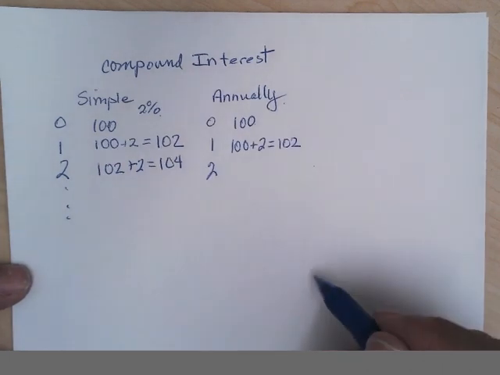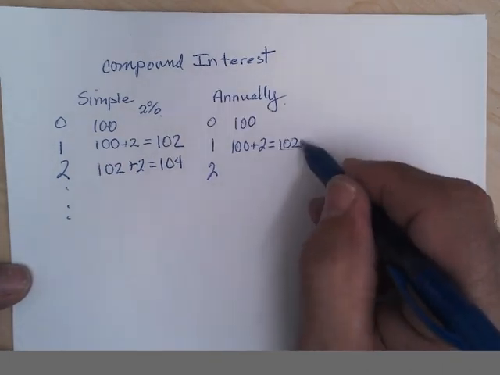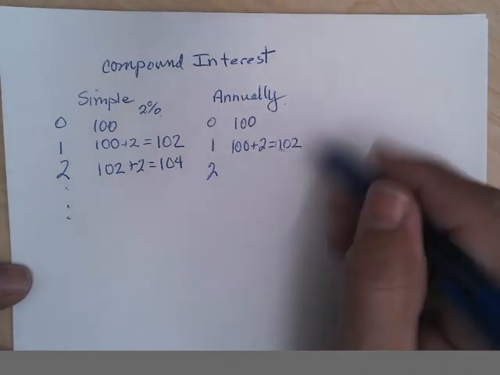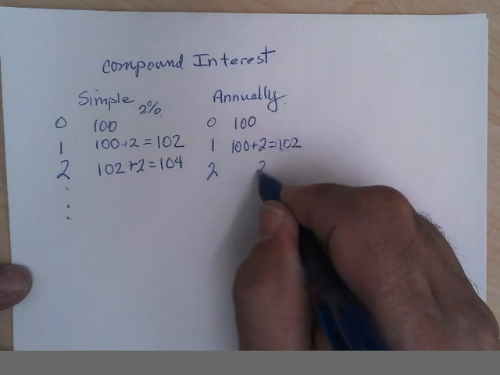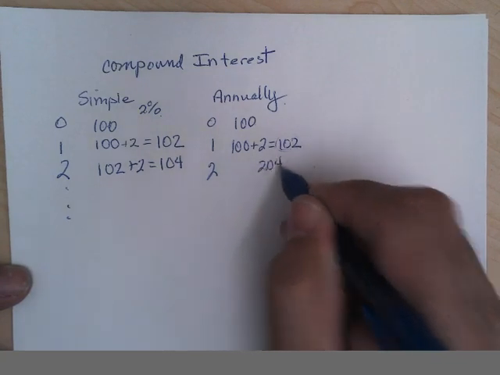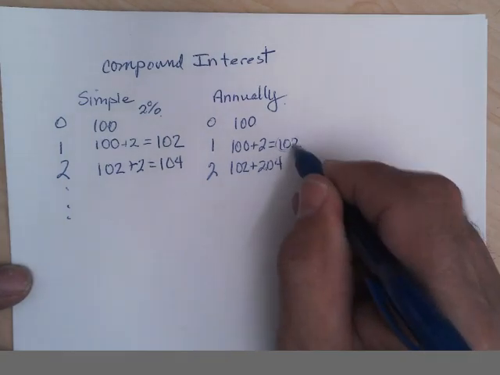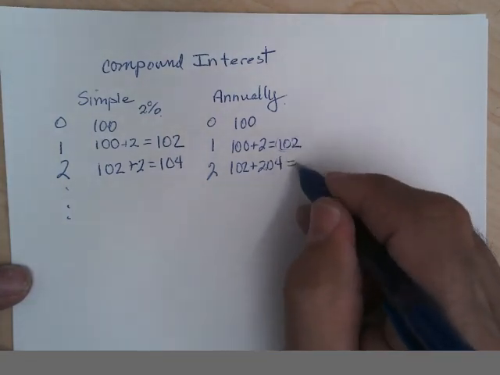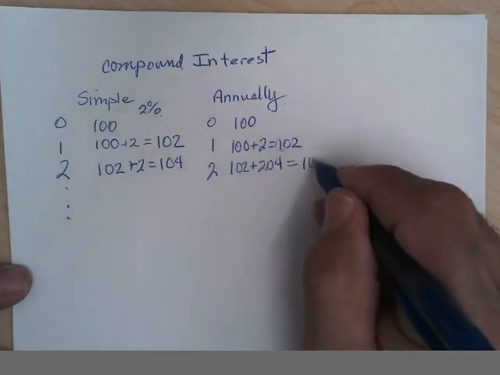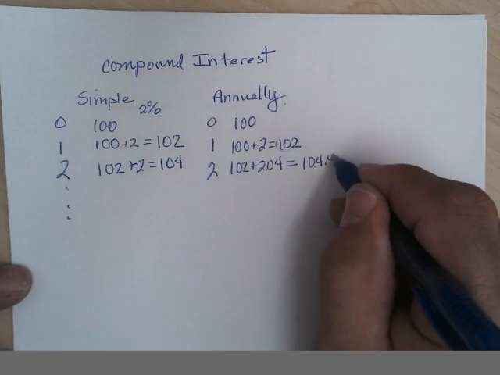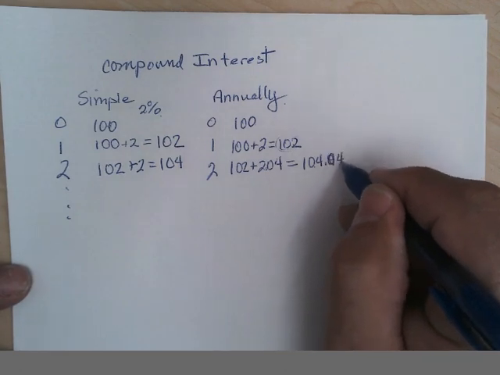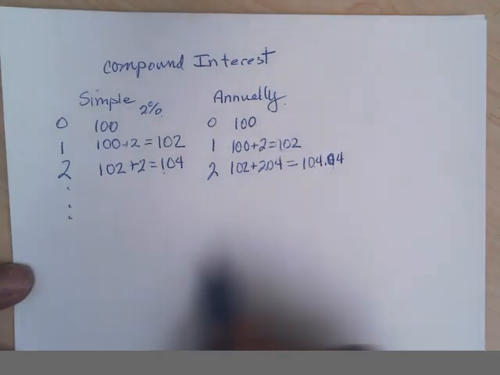Now, the second year, I take 2% of this, which is $2.04, and add it to my 102 that I already had, and now I have $104.04. So I have a little bit more.